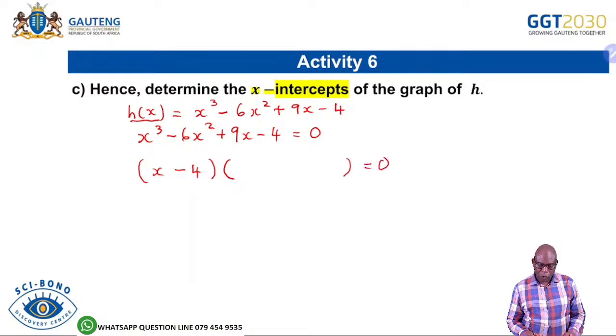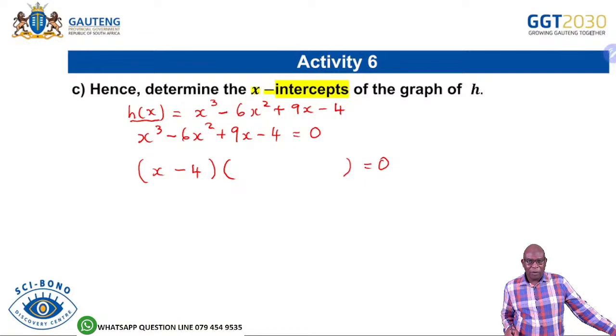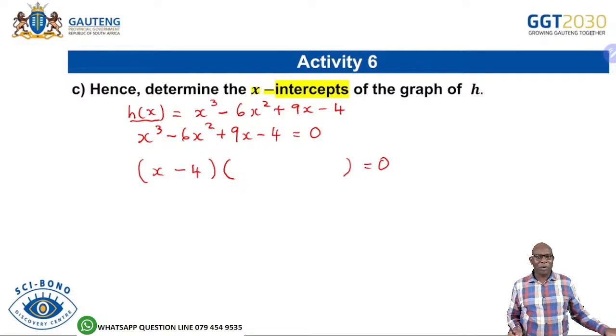From here, we can use any method. Remember, previously when we were doing polynomials, we said we can use inspection, we can use the synthetic method, we can use the long division method, you can use a calculator. It's your choice.